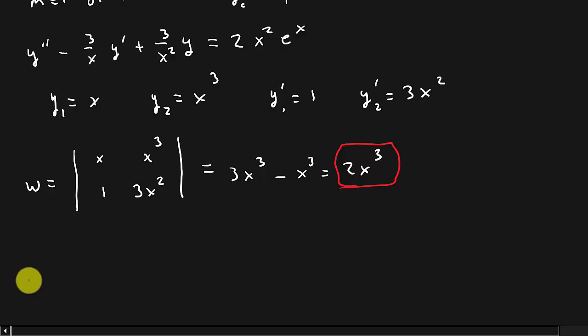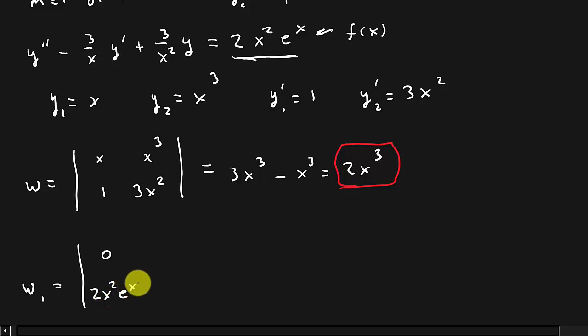Okay, and then W1. Remember, we take this and replace it with 0, f of x. Well, what is f of x? This is your f of x. It's 2x squared e to the x, and then we have x cubed and 3x squared.